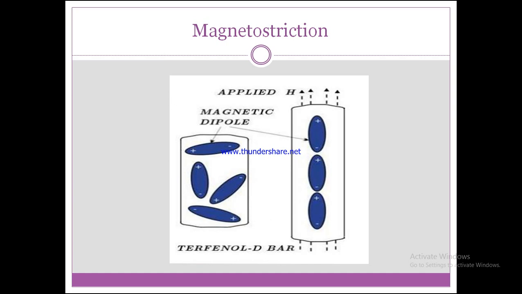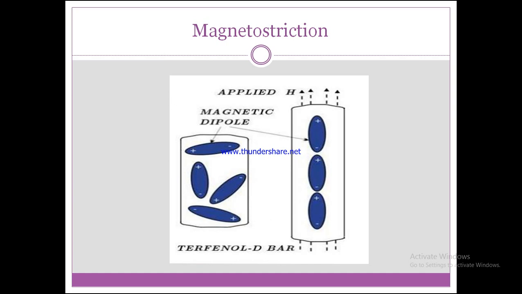We can define the magnetostriction coefficient, indicated by lambda, as the increase in length per unit length of crystal in the direction of magnetization.